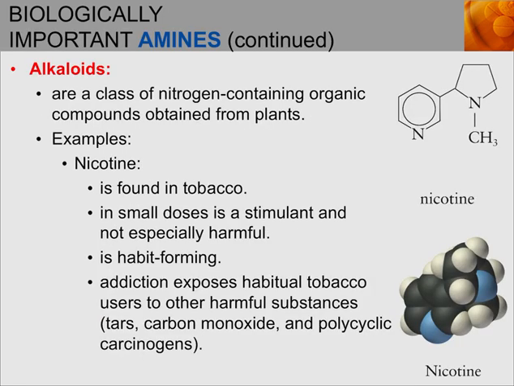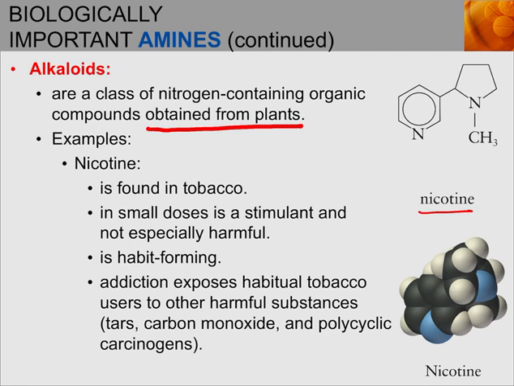All right, another biologically important amine group is the alkaloid group of molecules. So these are a class of nitrogen-containing organic compounds that are obtained from plants. So one example is nicotine. Nicotine is found in tobacco.